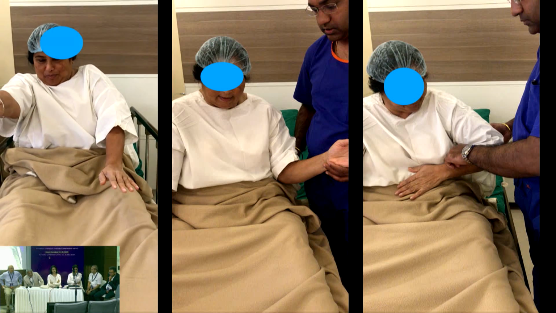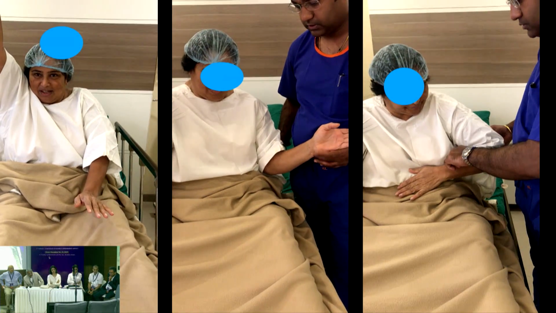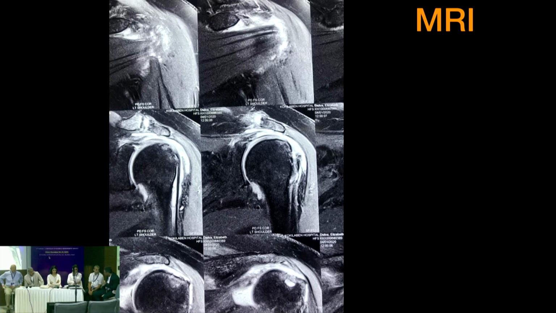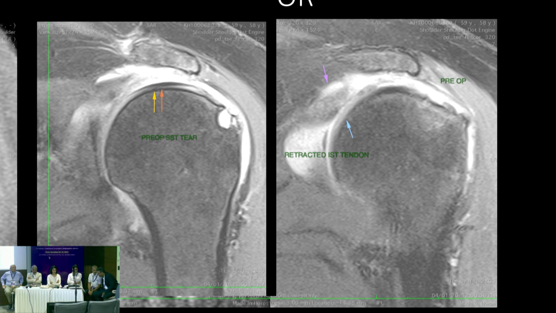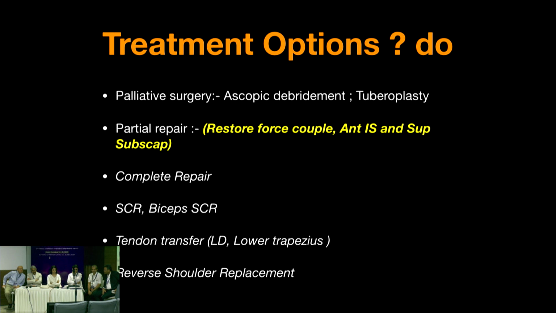On the normal side, this is her normal internal rotation in 90-degree abduction, and on her affected side, she can't get it to that internal rotation position. This is a very common scenario we see in overhead players, in regular people also, which classically tells us all the movements are okay, except this. That means the posterior shoulder capsule is tight. And this is the classic triad that we see.